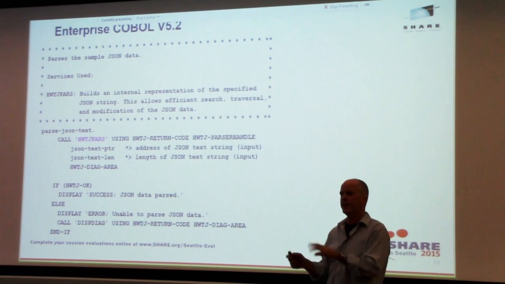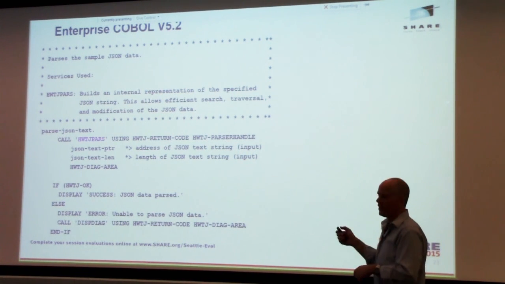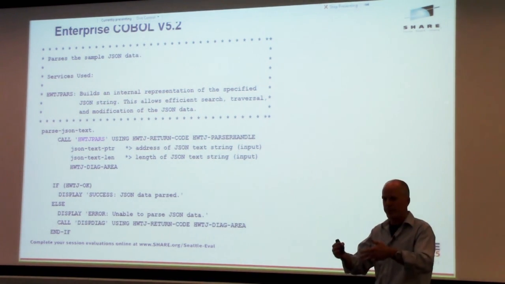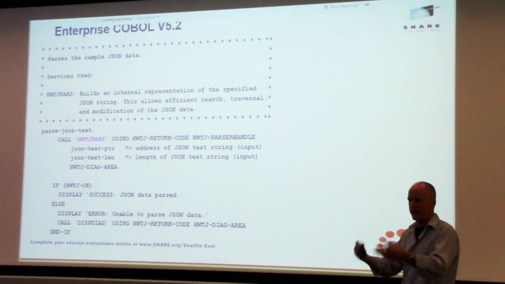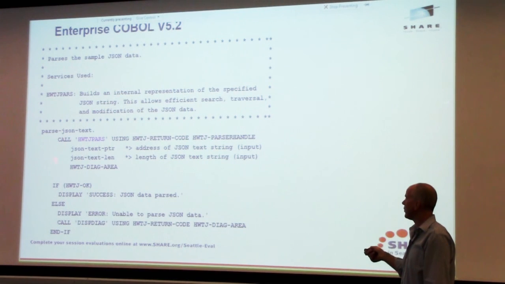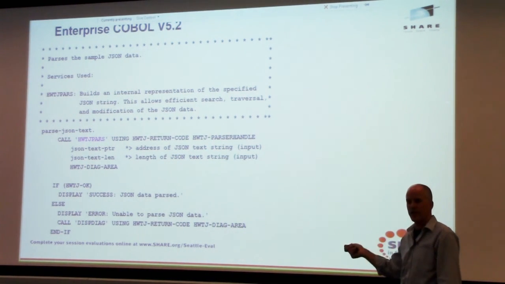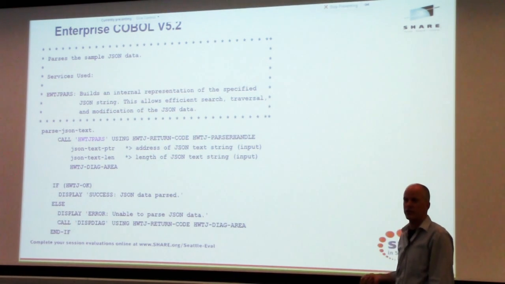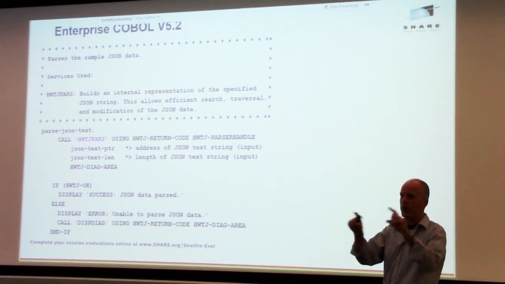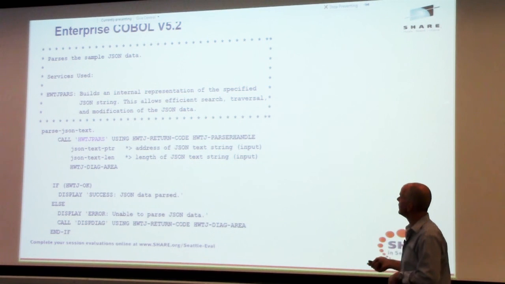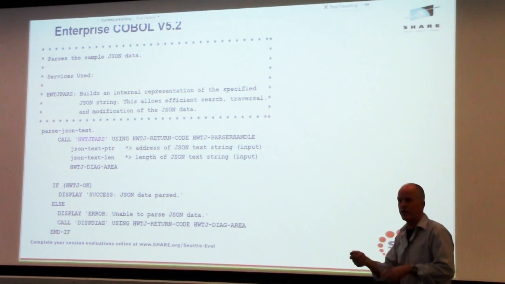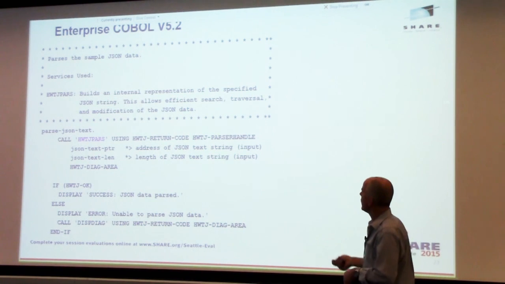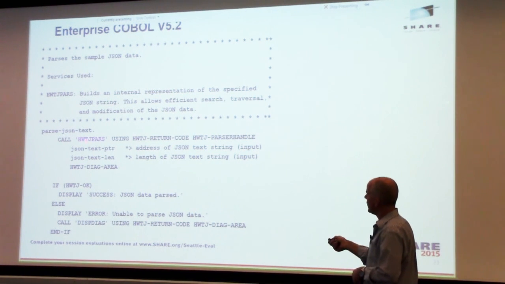It's pretty ugly to do this. I have to initiate the parser and then set it up and then pass it some data and then call it again and call it again. That's why we are going to have something that just says JSON parse the JSON document into my 01 level group and be done with it. So it'll be one line instead of 200 lines. But you can do this today. This is available right now, any program can do these calls. And I'll start with HWT.